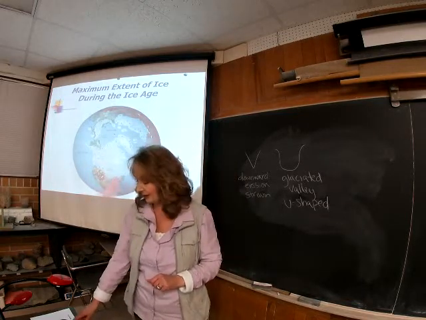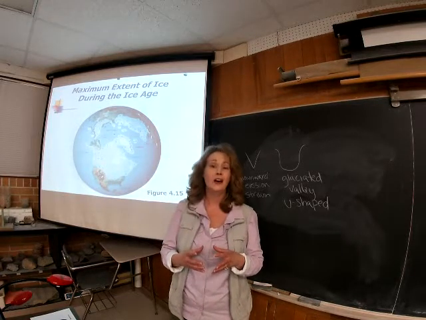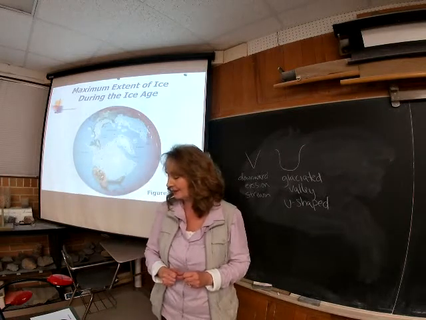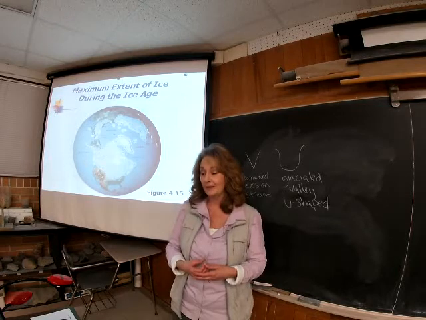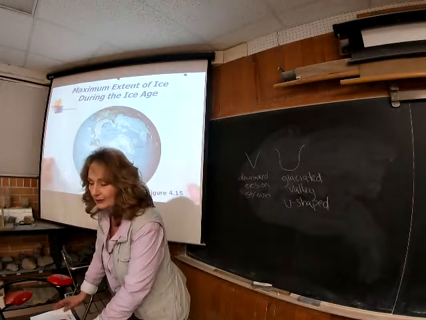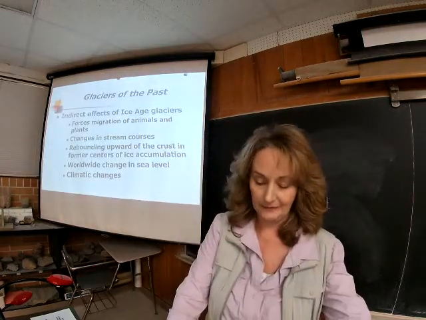But it actually came from the pulverizing and grinding of those glaciers, the work of the glaciers powdered up that sediment. But this is the maximum extent that we had during the Ice Age, those 2 to 3 million years of the Pleistocene epoch.